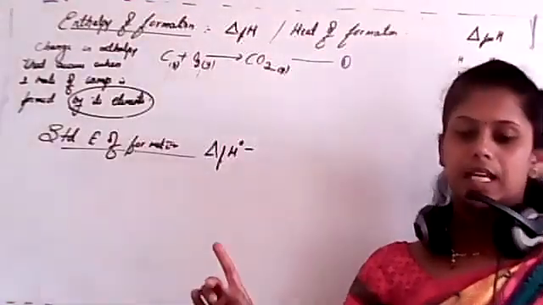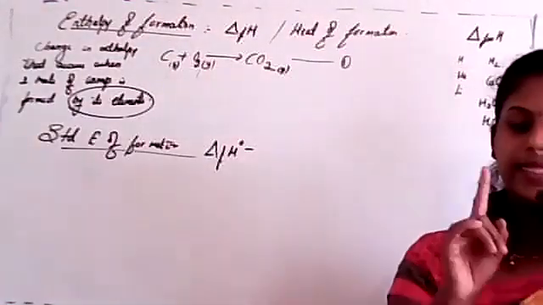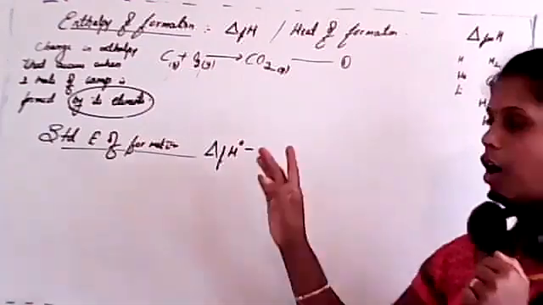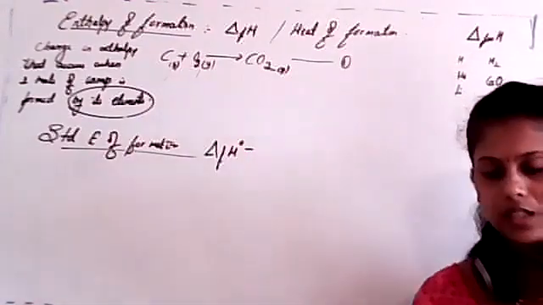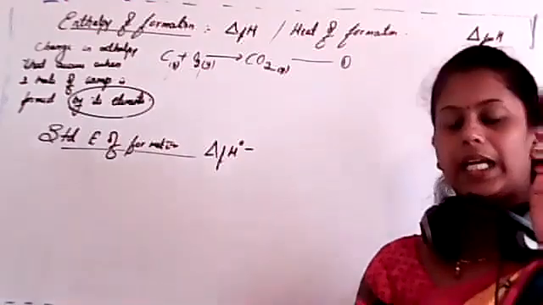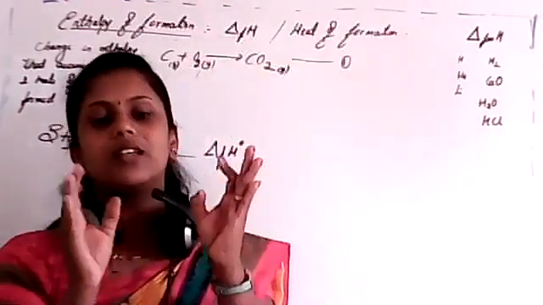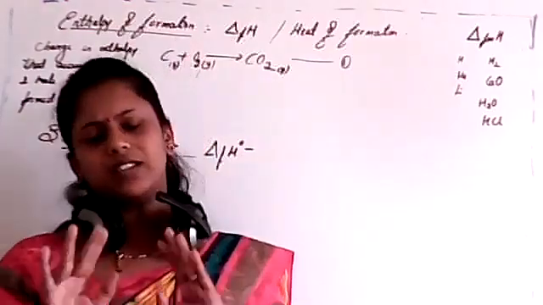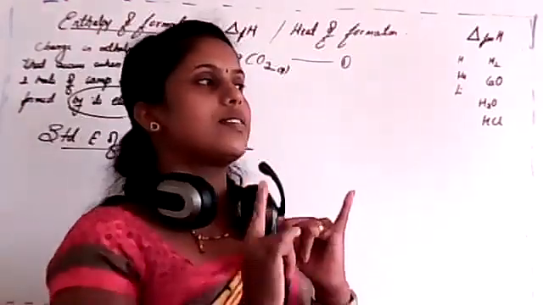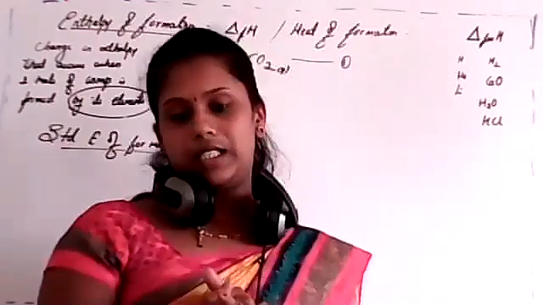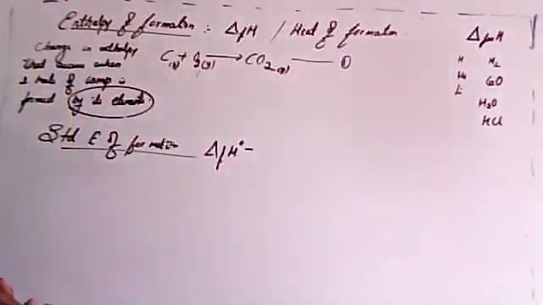It is the change in enthalpy that occurs when 1 mole of compound is formed from its elements in their standard state, in that standard physical state at standard condition. That means you have to maintain its standard state and standard condition. Yes, you can use it as a stable state.